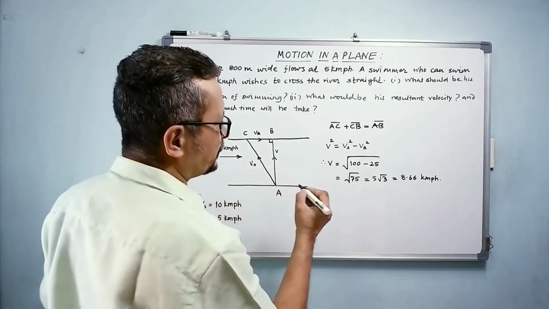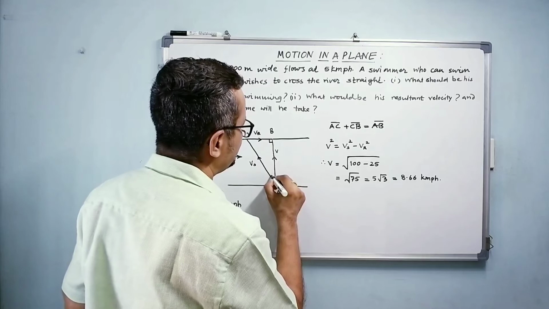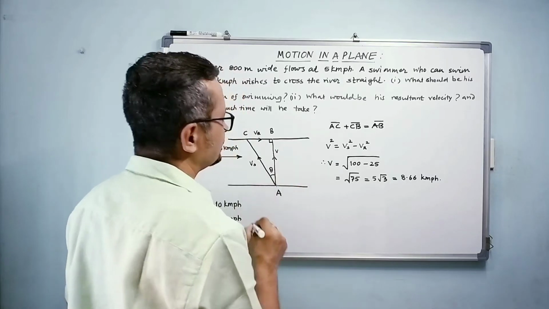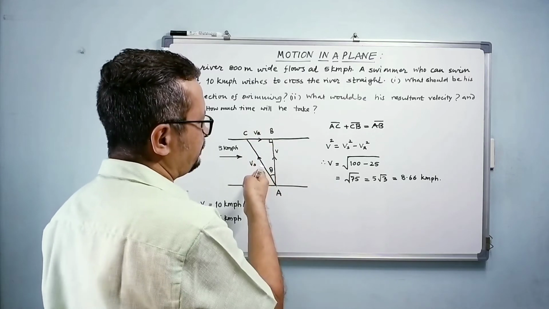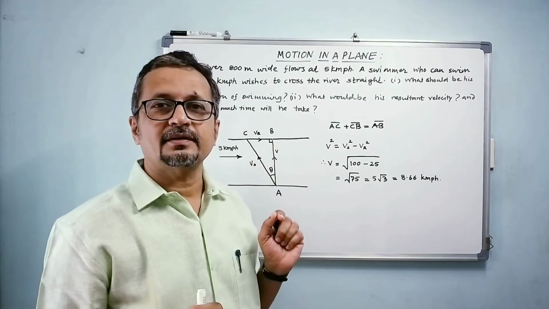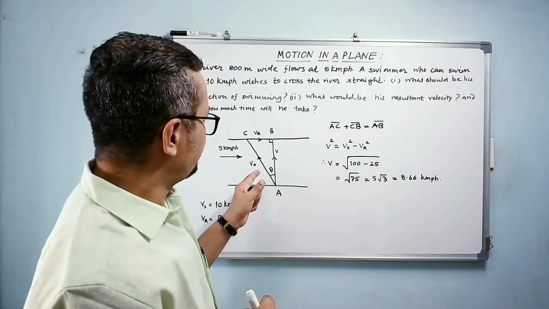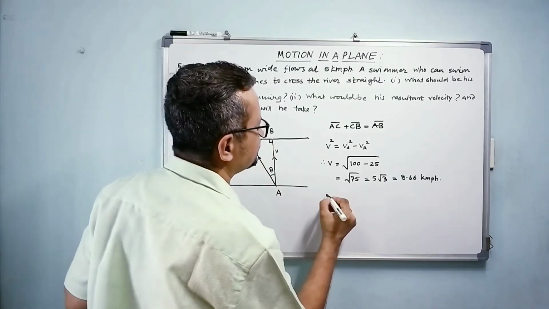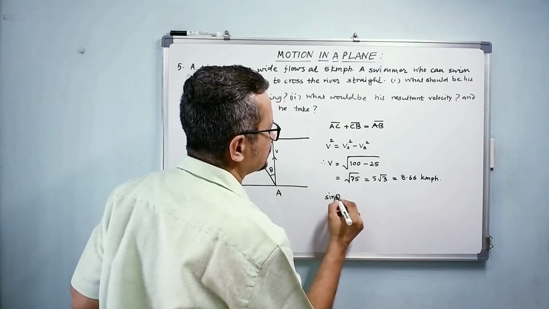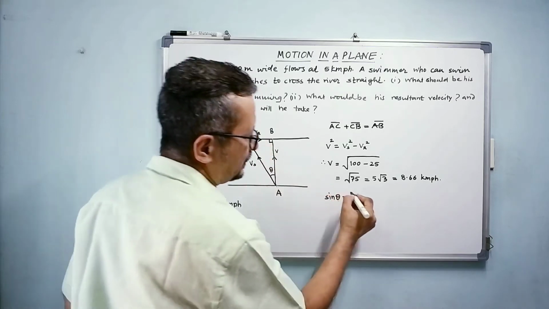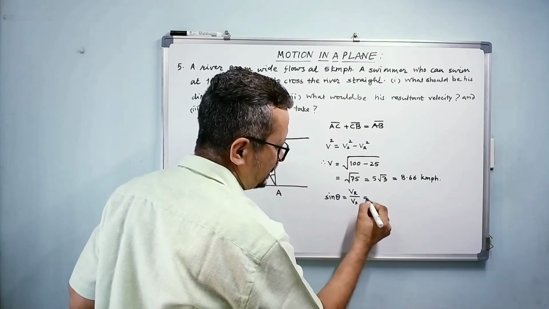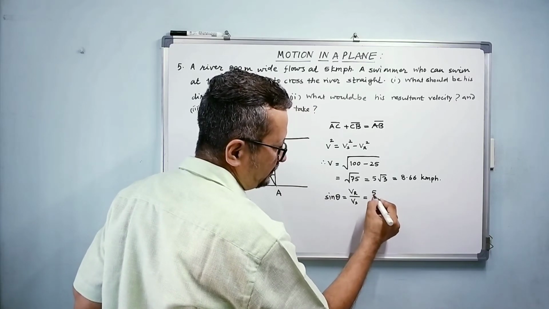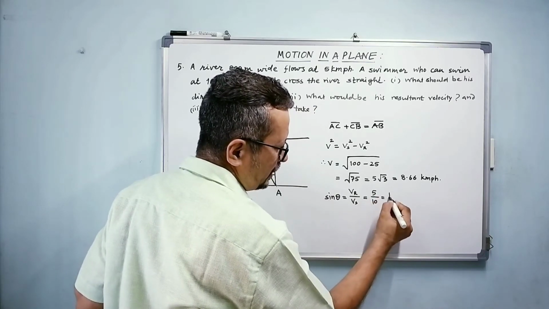Now for part 1, the direction, I want this angle theta, correct? So now I have the opposite side and I have the hypotenuse. So sine theta is equal to opposite, which is Vr, upon Vs, and that is equal to 5 upon 10, that is equal to half.